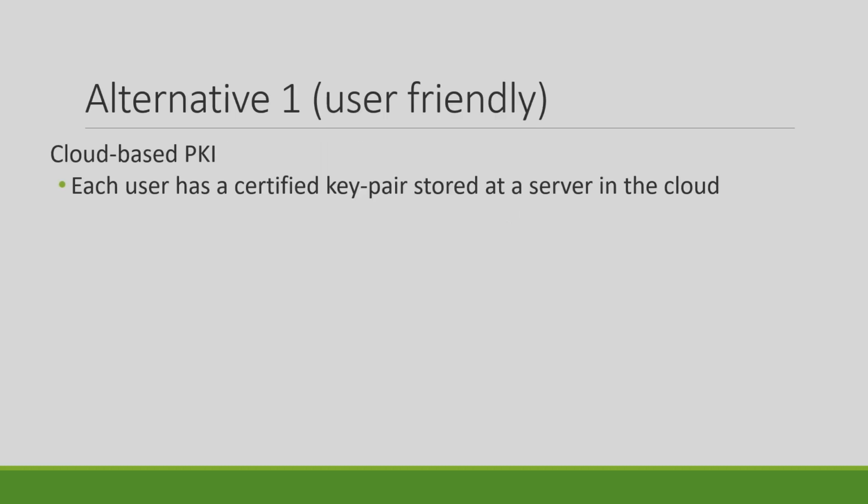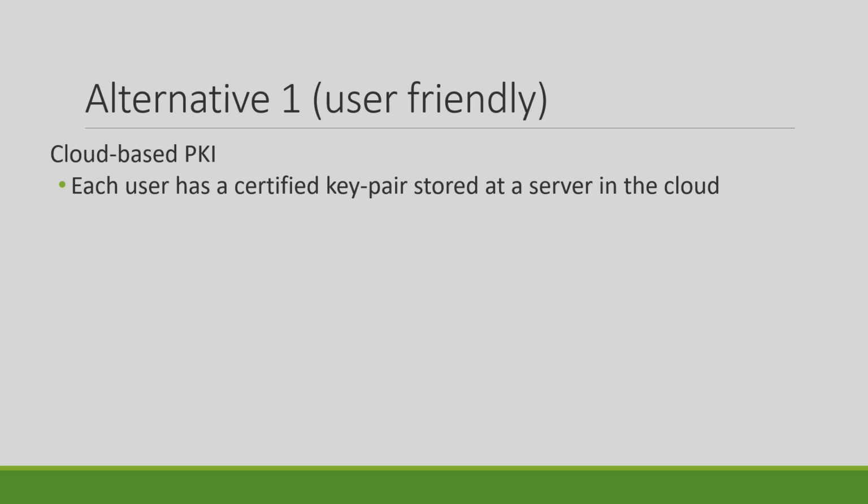Because of this, a very widespread alternative is to use cloud-based public key infrastructures. In a nutshell, what is often done is that we have a server in a trusted cloud, which is in charge of generating key pairs and certifying them, and also of publicizing the public verification keys that are linked to a certain client.